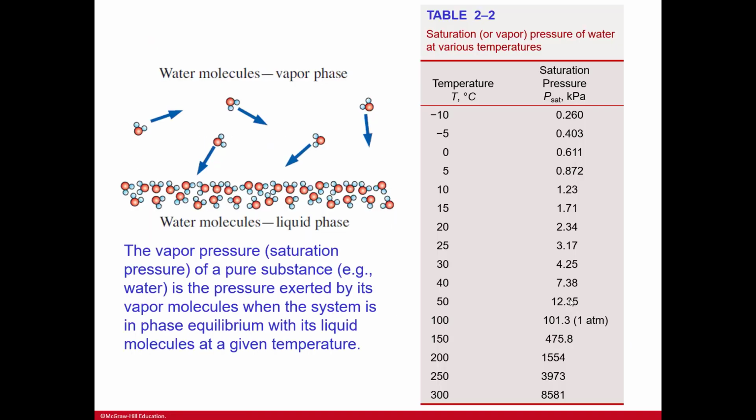Okay, and so here are some saturation or vapor pressures of water at various temperatures. You can see that over here. And then here it has water molecules in a liquid phase, and then water molecules in a vapor phase. You can see that in the liquid phase down here, things are much more organized, right? It looks like water, like you have a surface tension.